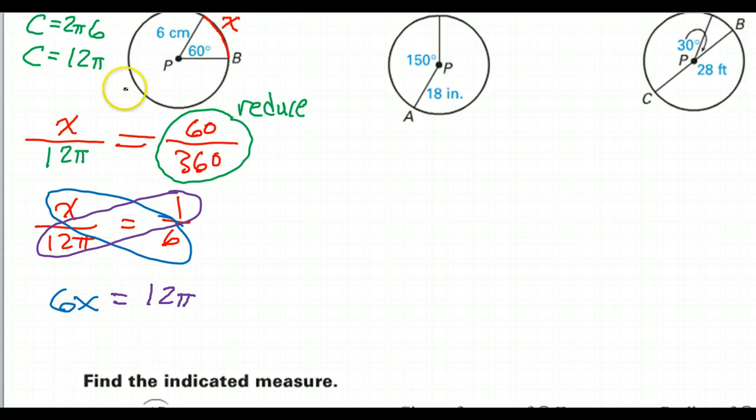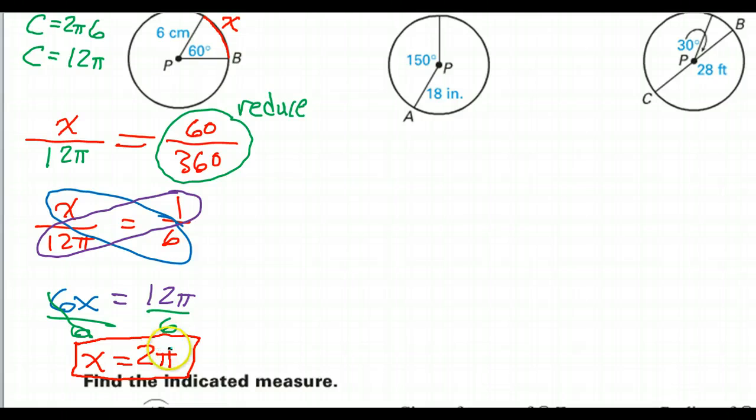Now we're looking for x, so we're going to go ahead and divide by 6 on both sides, like this. So that is going to give us x equals, 6 goes into 12 twice, so that's going to be 2 pi. All right, so that's actually the exact answer, 2 pi.